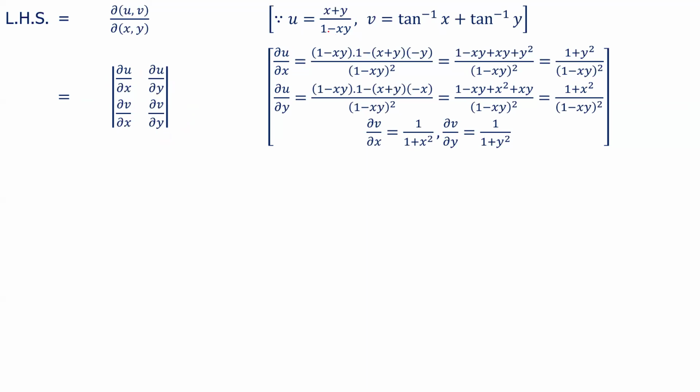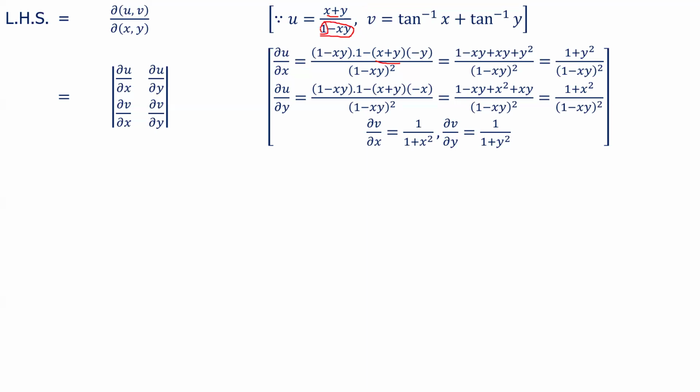Since u is a function of x and y and it is in fraction form, with numerator and denominator both functions of x, we apply the u by v rule. So it says: denominator times derivative of numerator with respect to x. Derivative of x is 1, derivative of y is 0, so we have only 1 minus xy times 1, minus numerator, which is x plus y, times derivative of denominator with respect to x.